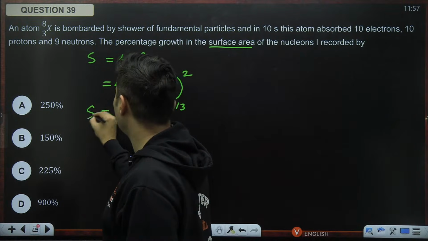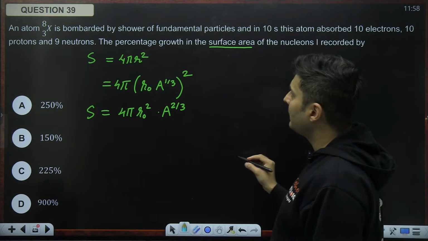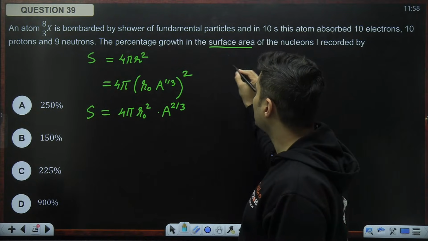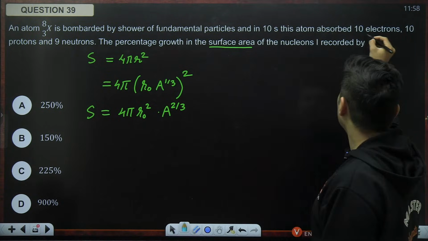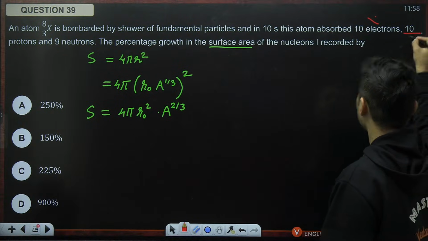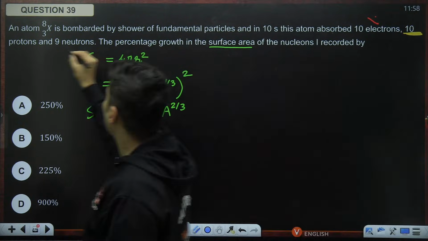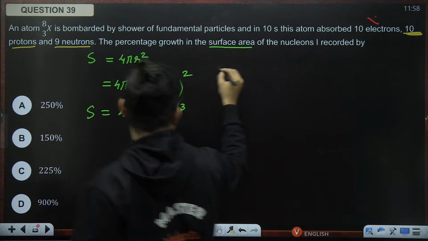So we just need to figure out the number of nucleons then. Earlier there were 8 nucleons. Now electrons will not affect it. Electrons are not going to be inside the nucleus, but these 10 protons and 9 neutrons will.